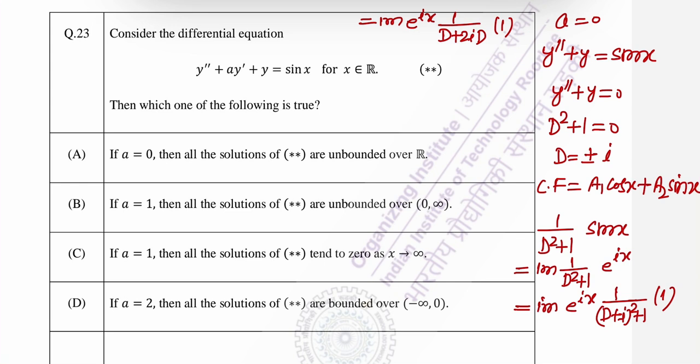Now the next step will be the imaginary part of e to the power ix, and here taking D out common, here will be D square. Let me write clearly.